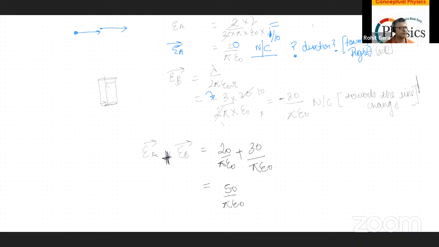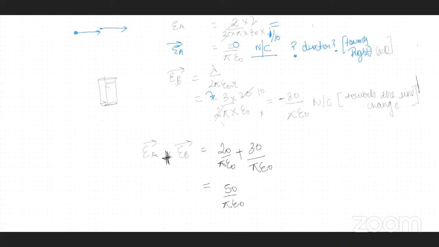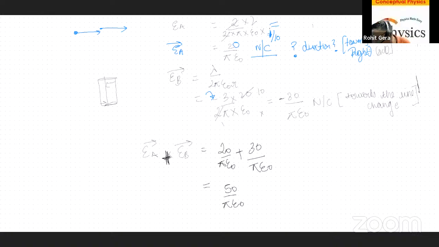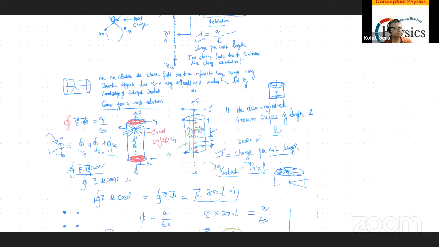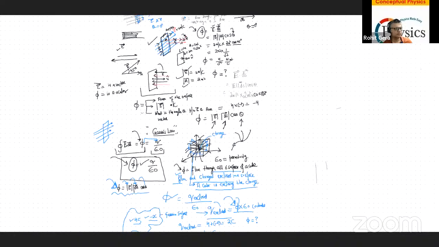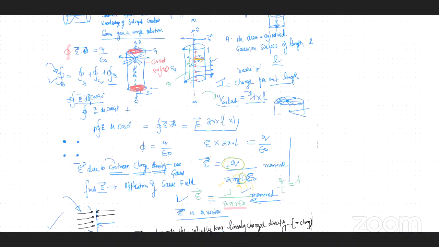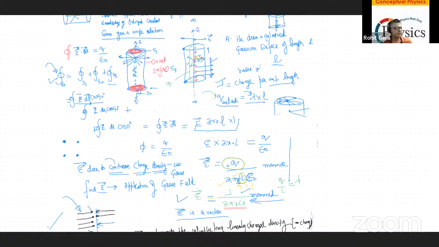Newton per coulomb. Yeah. Right. 20 plus 30, 50, right? Yes. 20 plus 30 is always 50. What is there to worry about?